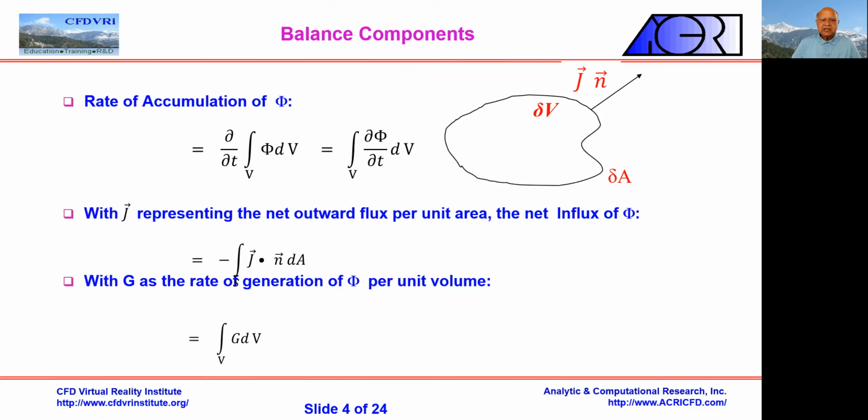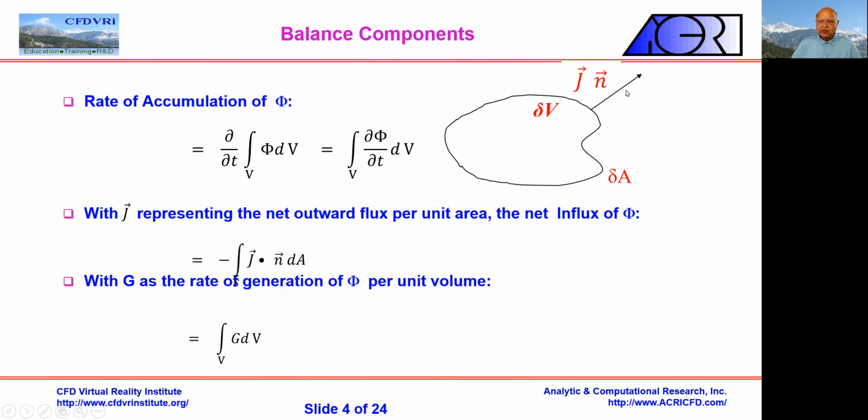So what are these three components? The accumulation is basically that there is a certain amount of property phi. The total amount available is phi times the delta volume. Now, its evolution with time is given by d by dt. If volume is not varying with time, then this basically becomes d phi by dt times delta volume.